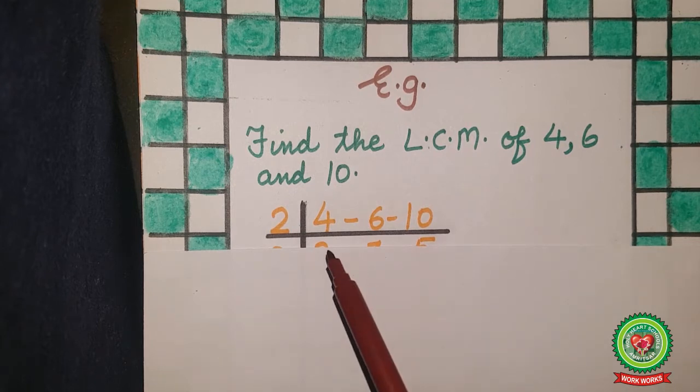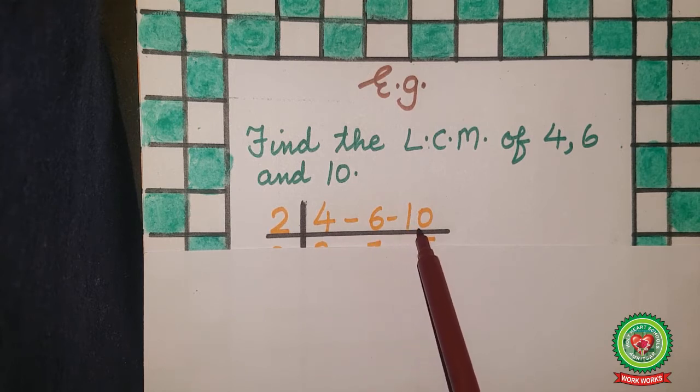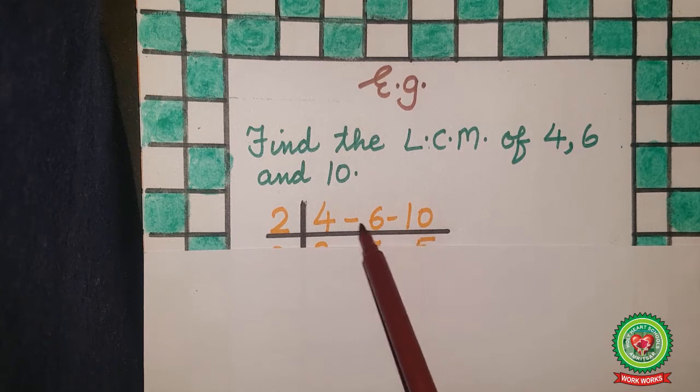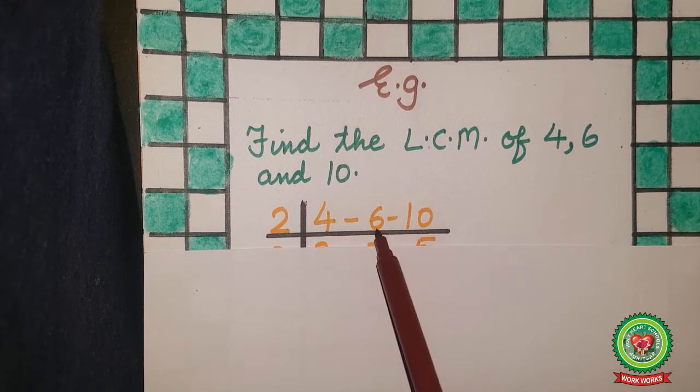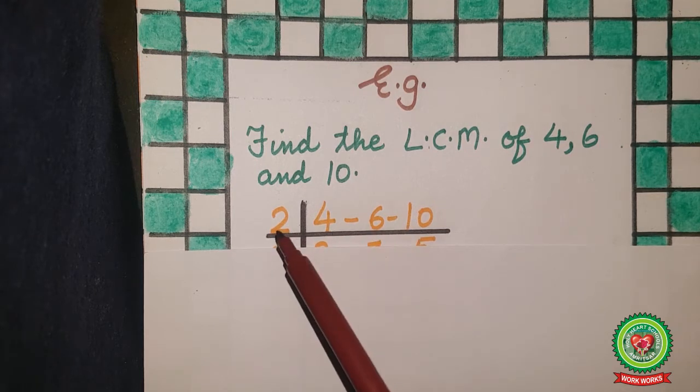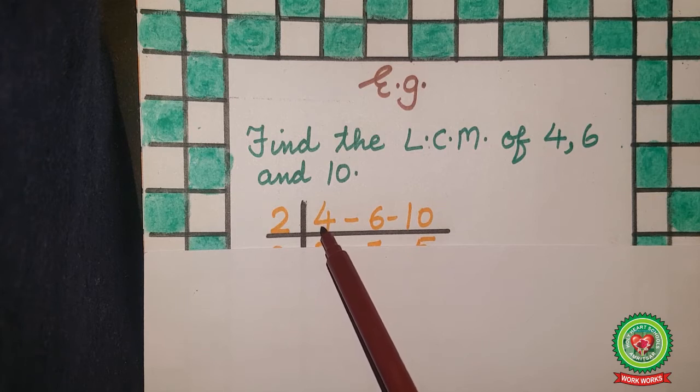Now students, as you know, 4, 6 and 10 are even numbers. So that means these numbers are divisible by 2. So we will take 2 as a divisor. Now on 2 table 4 comes on 2. 2 2s are 4.